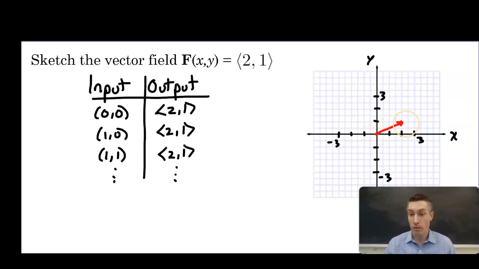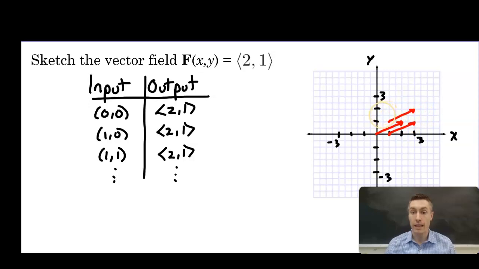So this is what I was discussing earlier, where each vector is fixed with the initial point equal to the input of the vector field. So then if we go to (1, 0), then we draw the vector ⟨2, 1⟩ from that point. You can see how close these vectors are going to be. If we go to (1, 1), then we're going to draw the vector ⟨2, 1⟩ from that point. And we can fill a few more in.